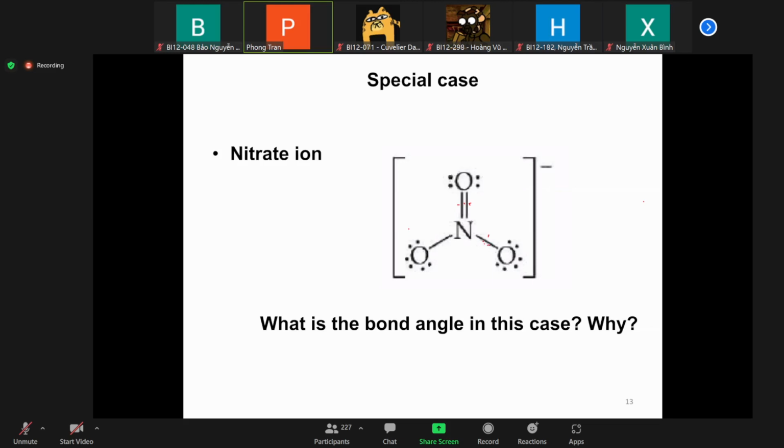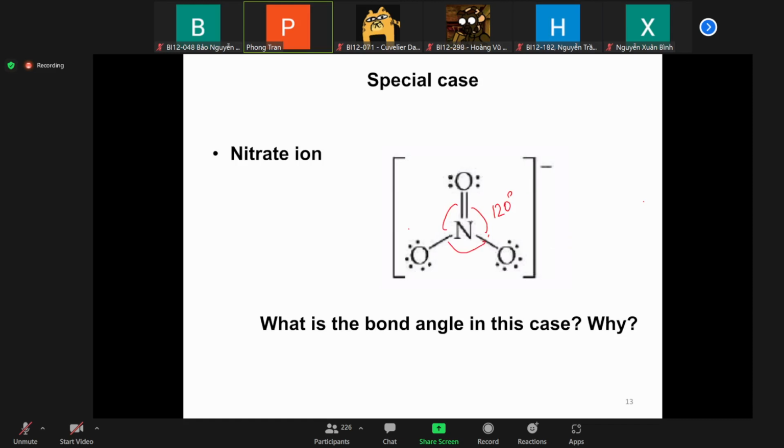So you can expect this angle to be larger than 120 degrees and this angle smaller than 120. That's what you expect. But in the experiment, they figured out that this angle is perfectly 120.